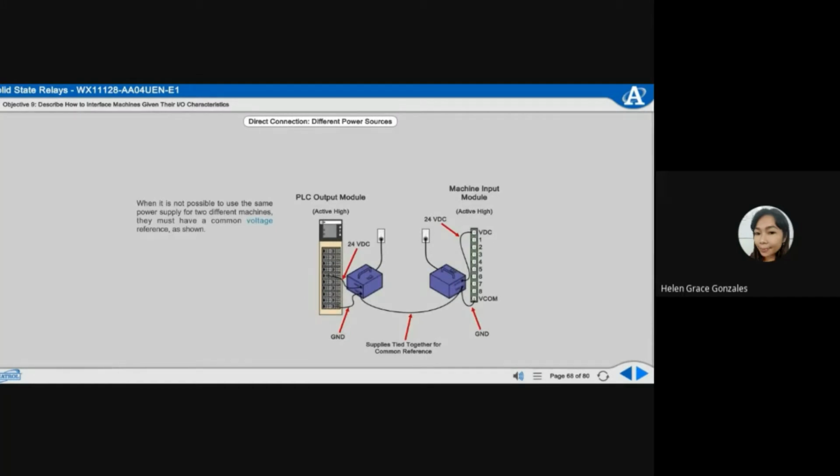When it is not possible to use the same power supply for two different machines, they must have a common voltage reference as shown. Differences in voltage levels can cause damage to the input and output modules.